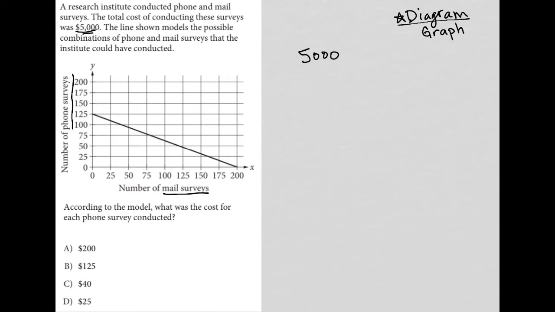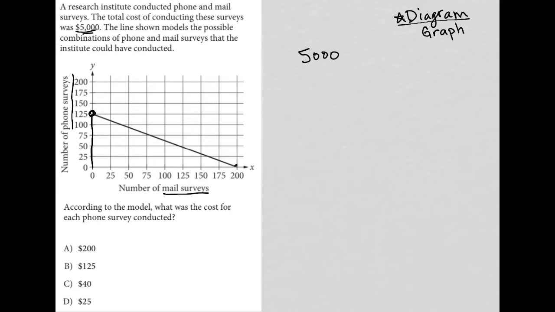The line shown models the possible combinations of phone and mail surveys that the Institute could have conducted. So that's telling us we don't know how many of each they will conduct, but this graph shows you the different possibilities. I'm paying attention to the y-intercept here because that tells me that I need 125 phone surveys to go along with my 0 mail surveys in order to get to that $5,000 cost.